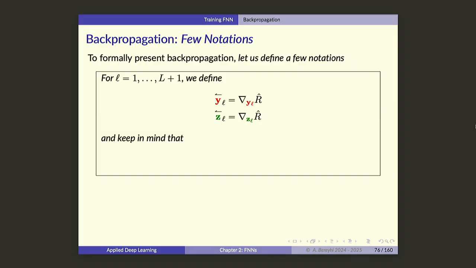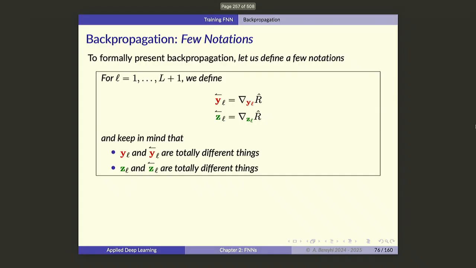To see that, let me do this simplification in the notation. We are always computing the gradient of our loss, r hat, with respect to something, right? I am showing the gradient of r hat with respect to yl as yl dash, and the gradient with respect to zl as zl dash. Now, these two guys are different things.